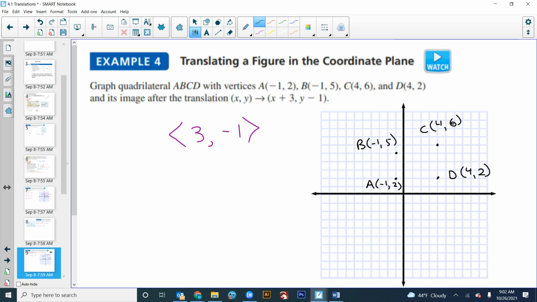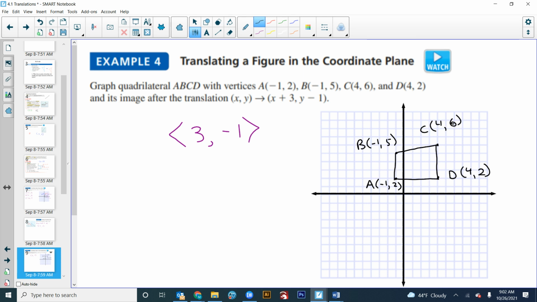Hold on a second. -1, 2. -1, 5. Oh, no, it just said quadrilateral. I read quadrilateral in my head. I was thinking it said rectangle. Okay. You guys see it does not have to be a rectangle or parallelogram, anything, right? Just 4 sides. All right. There is our quadrilateral.